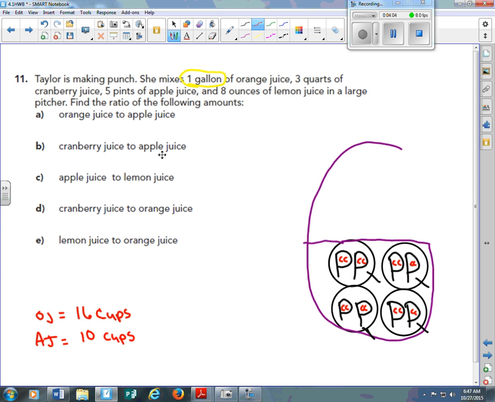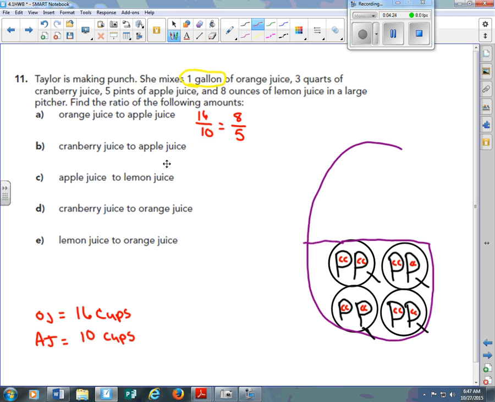Then we have to set up a ratio. It's asking for orange juice, which is 16 cups, to apple juice, which is 10 cups. We have to reduce, so I would divide both of these by 2. 16 divided by 2 is 8, and 10 divided by 2 is 5.